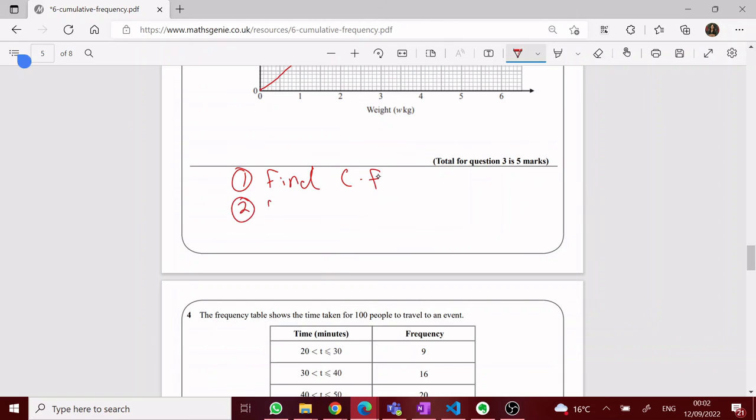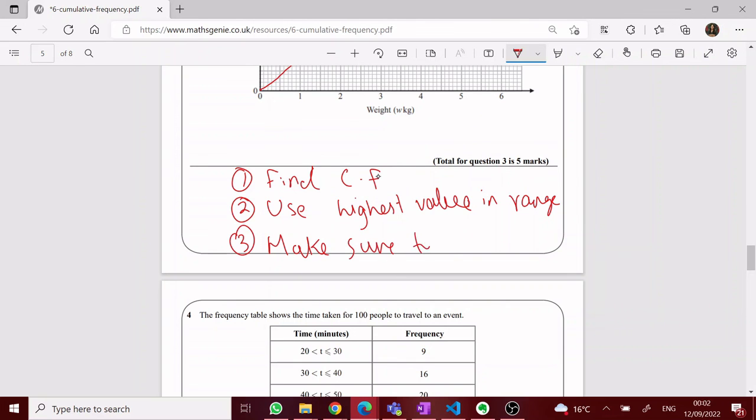Second, use highest value in range. And finally, make sure to start at 0. So if you know these 3 key points, you're pretty much good to go in cumulative frequency.